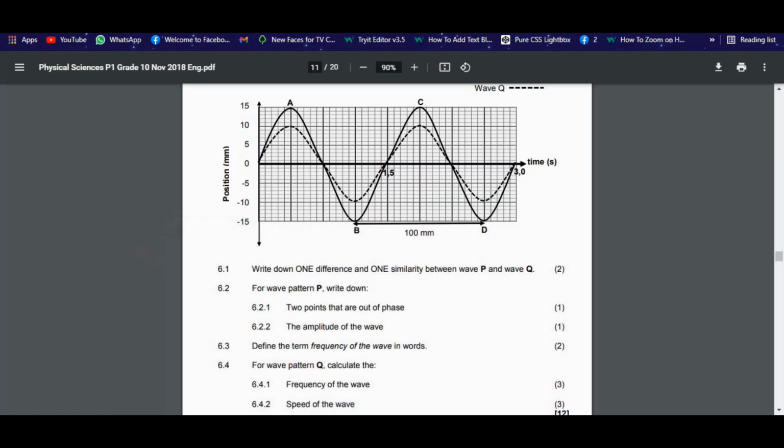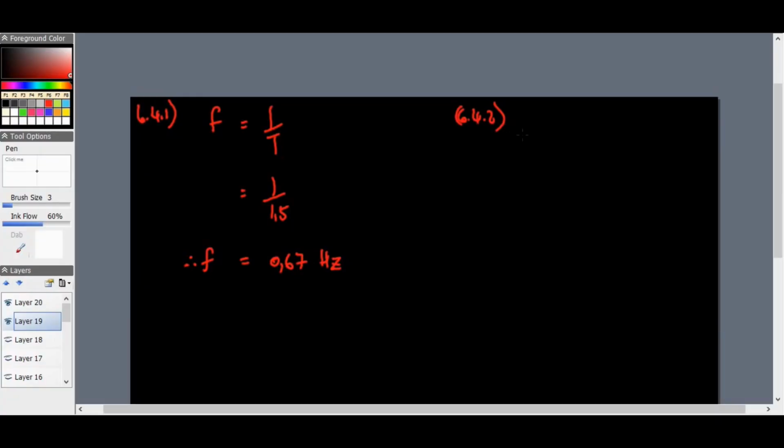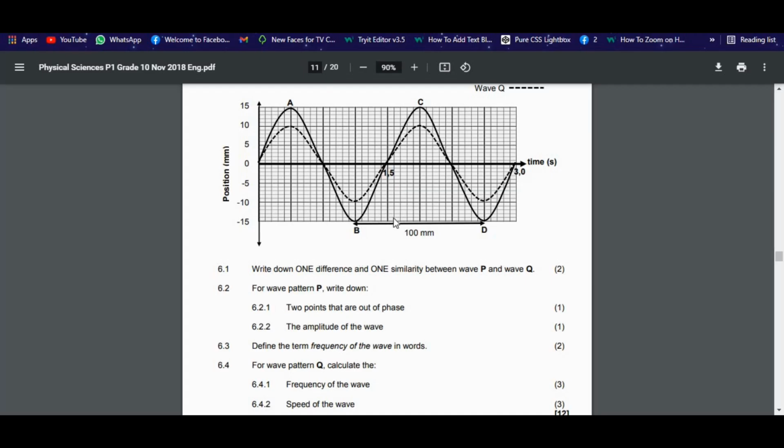6.4.2, calculate the speed of the wave. Okay, well, speed of the wave, we definitely know that formula. V is equal to f times lambda. We've already calculated the frequency, so that's 0.67. And the wavelength, just have a look at the wavelength here, is 100 millimeters. They gave it to us from B to D. It's 100 millimeters. That's the wavelength, from crest to crest or trough to trough.